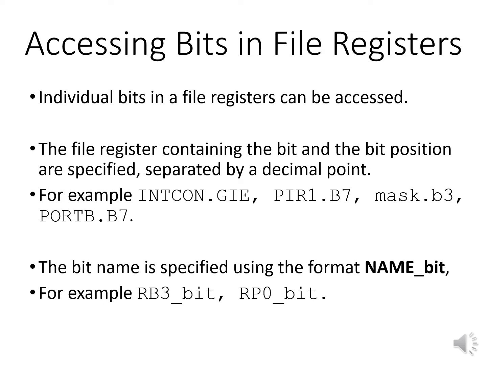The second way in which we can address bits is to use the name of the bit with the suffix underscore bit. For example, RB3_bit and RP0_bit.